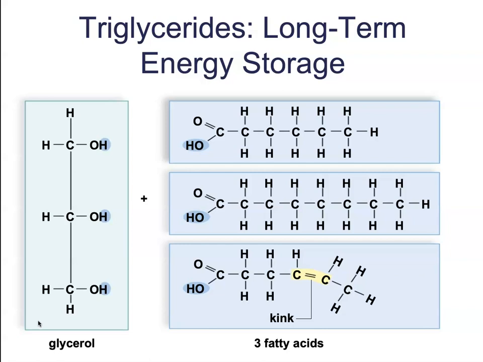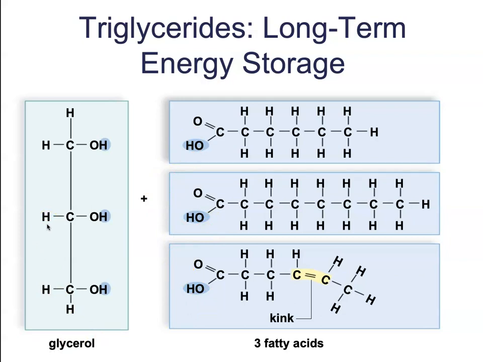As we stated previously, lipids don't really form polymers because they are made up of two different types of molecules, and they aren't really repeating subunits all joined together. They're going to be made up of glycerol molecules and fatty acids. Triglycerides, meaning three, are made up of three fatty acids linked to one glycerol molecule.